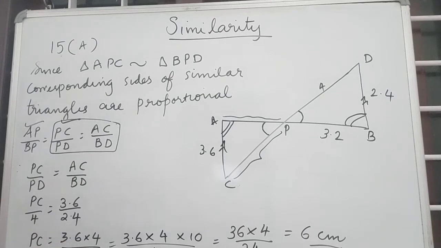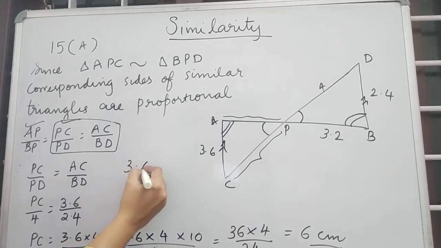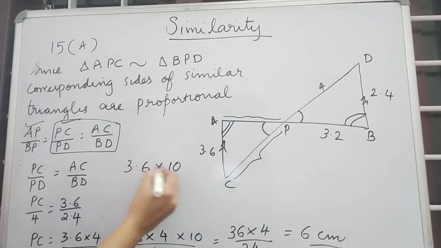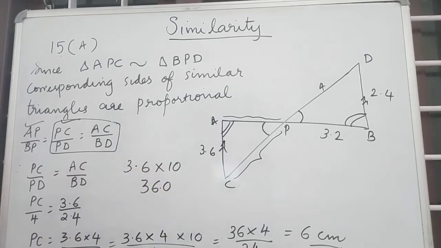We can remove one decimal place by multiplying with 10. So 3.6 into 4 divided by 2.4, multiplying by 10. 3.6 into 10 is 36, removing one decimal place. The 4 stays as 4 itself.